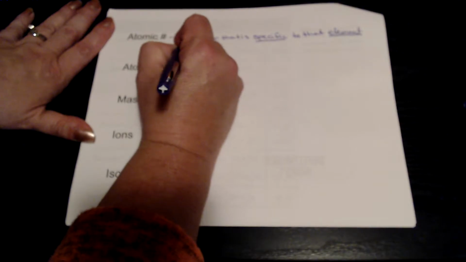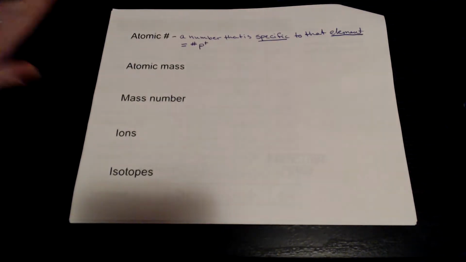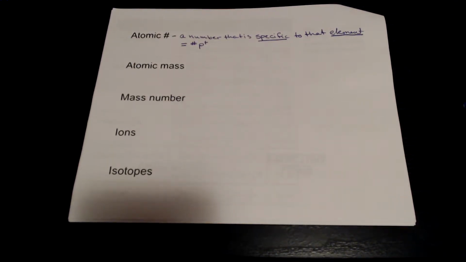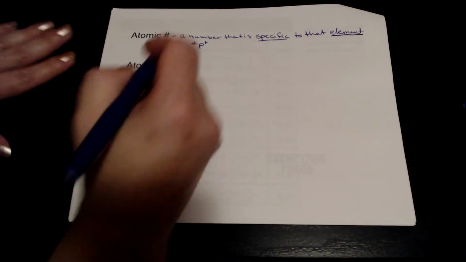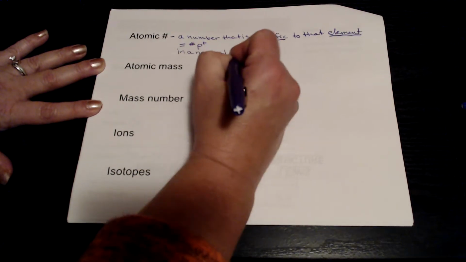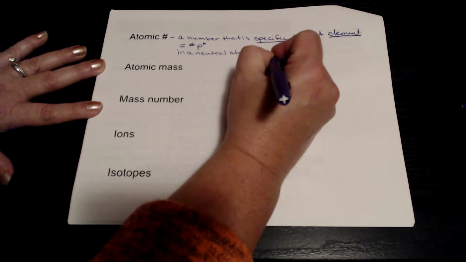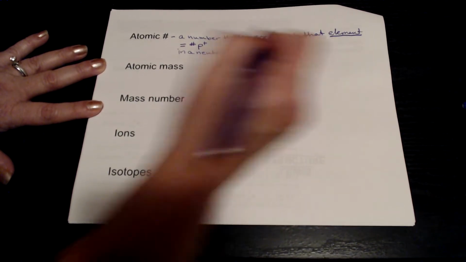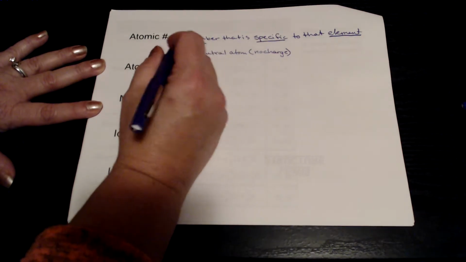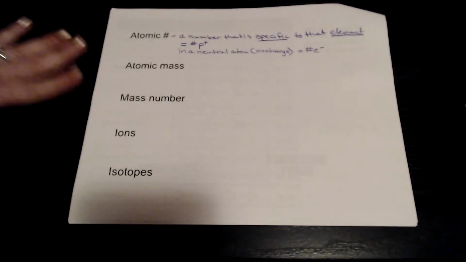So the atomic number is equal to the number of protons in a neutral atom, meaning there's no charge, we'll get to that in a second when there is a charge, the atomic number is also equal to the number of electrons.